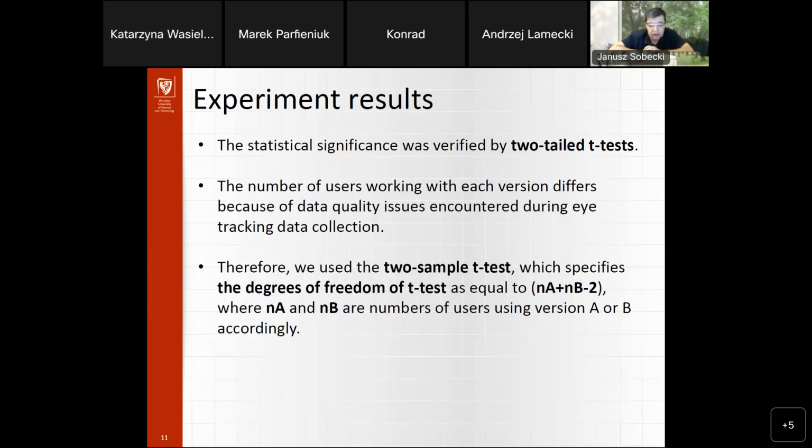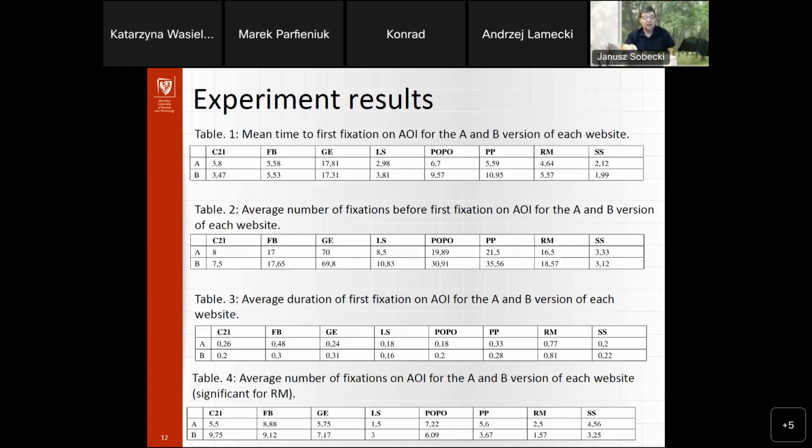So we decided to use the two-sample t-test, which specifies the degrees of freedom depending on the number of participants of the A and B versions, which may be different in some cases because of the quality. And here are the results.